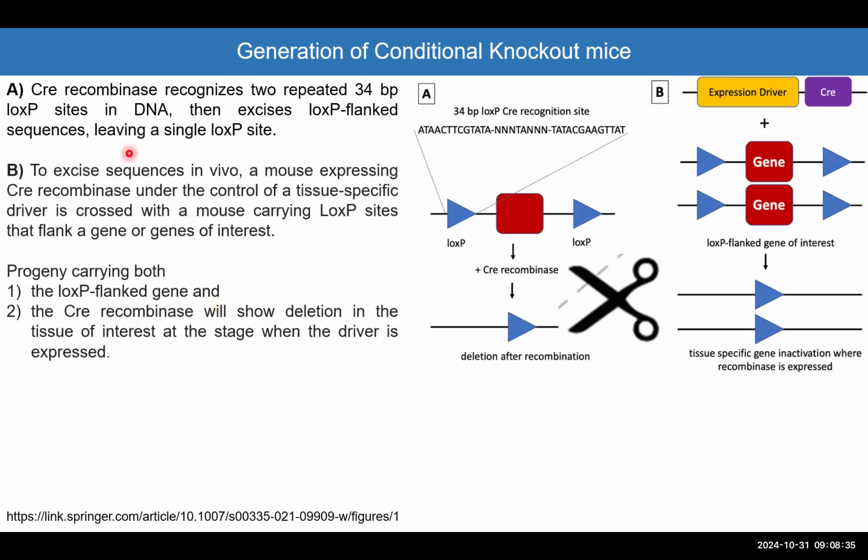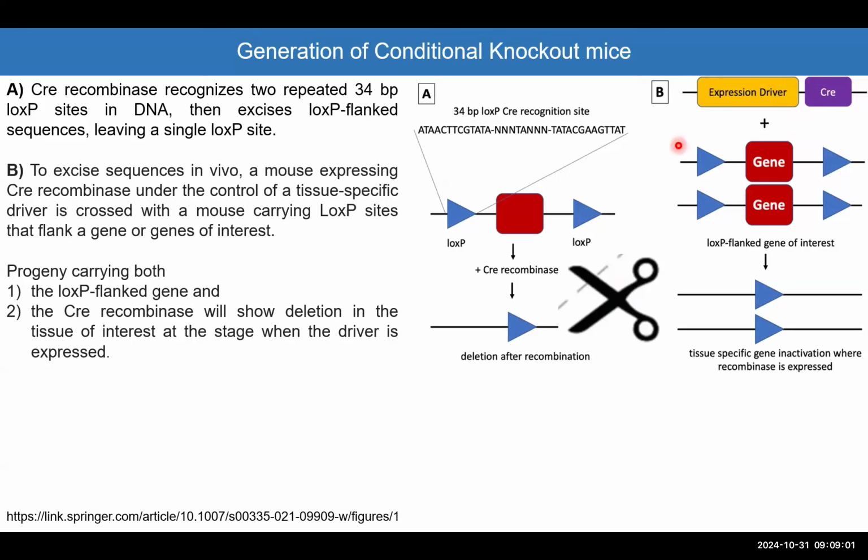Now, in order to excise the sequence in vivo, this is more complicated than just the scheme that I'm generating here. So first, you have to generate a mouse that carries the 2 LoxP sites around the sequence that I want to delete. And then you have to generate another mouse that expresses the Cre.